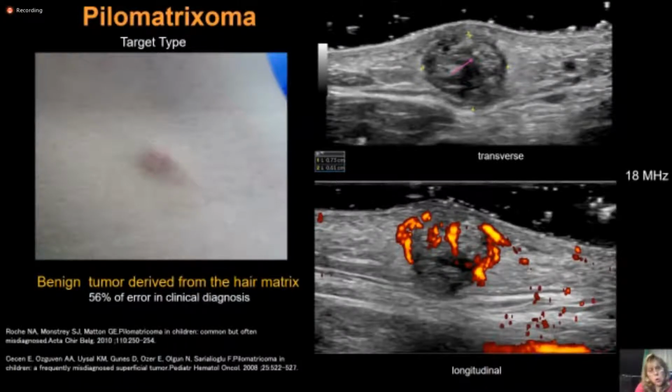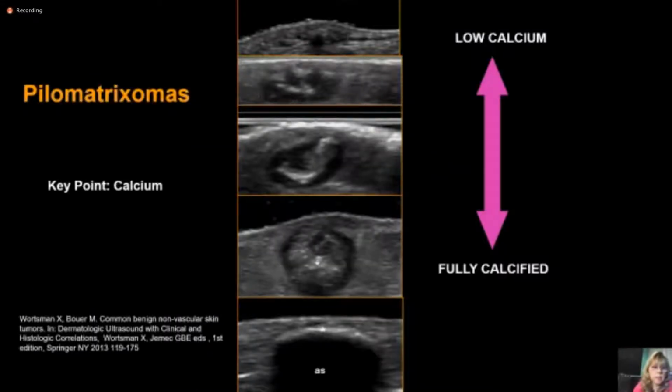On color Doppler, you can notice hypervascularity within the lesion. Some of these pilomatrixomas can be very vascular, and present clinically a differential diagnosis with hemangiomas, but other pilomatrixomas can be hypovascular, so they are very variable in their vascularity.